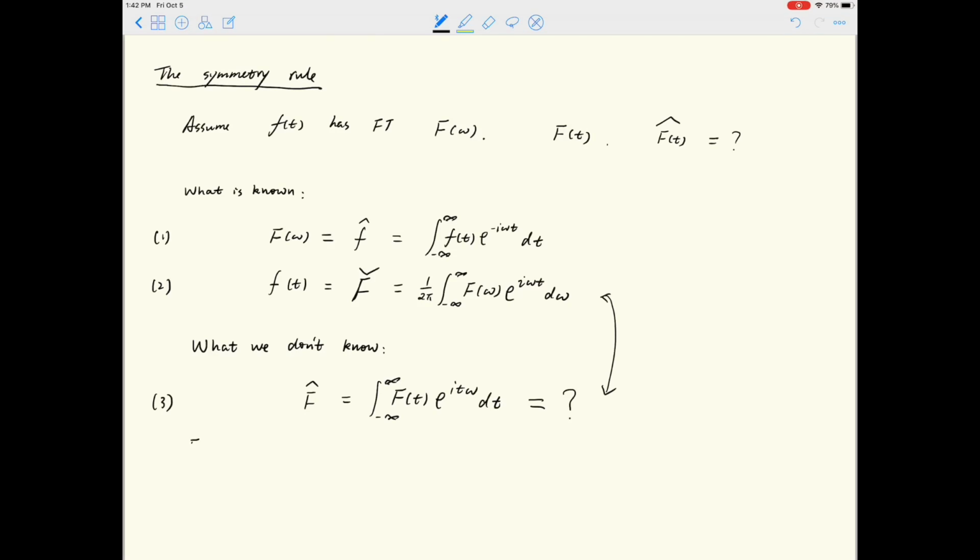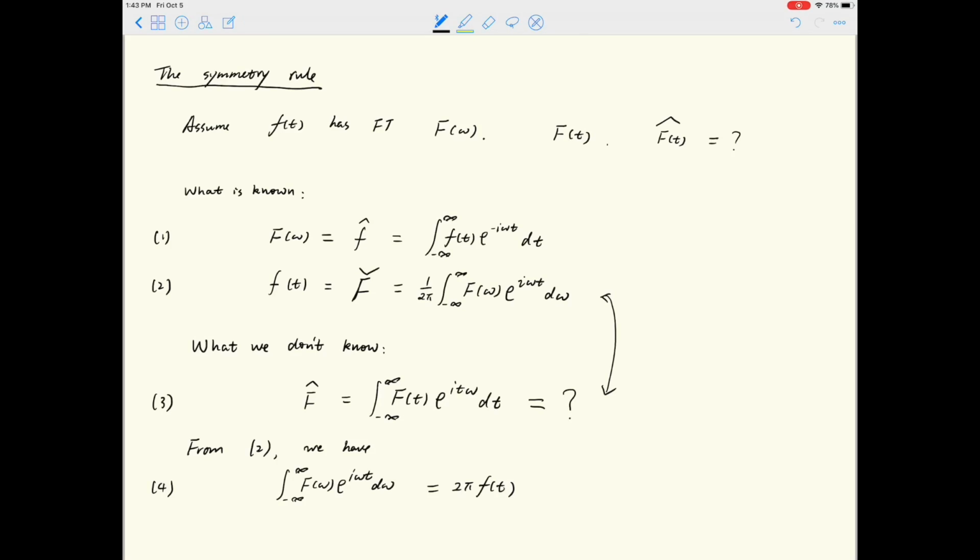From 2 we have that the integral from minus infinity to positive infinity of capital F of omega e to the i omega t d omega equals 2 pi f of t, and we call this equation 4.